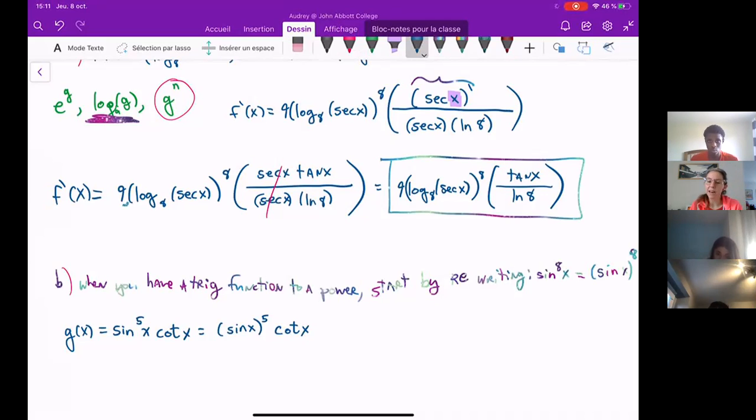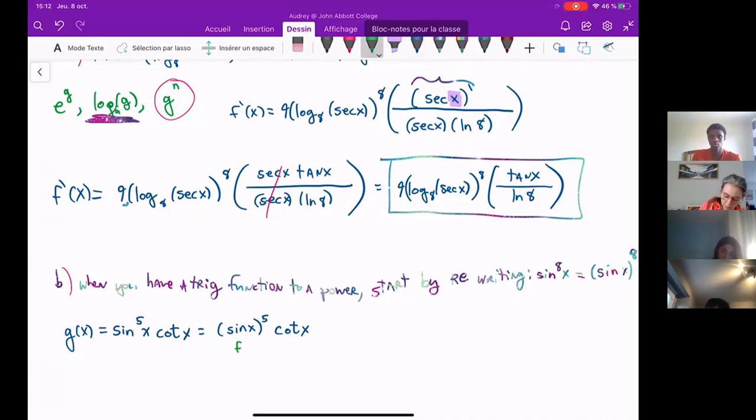So with that said, now that I've done this, what rule should I start off with here? Product rule, quotient rule, chain rule, none. You got it. This is a product rule.